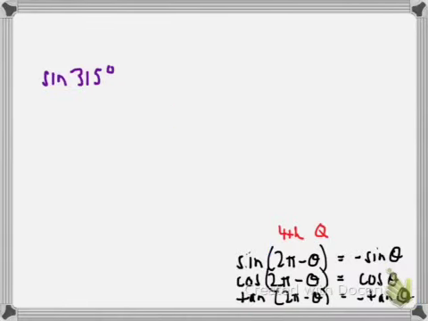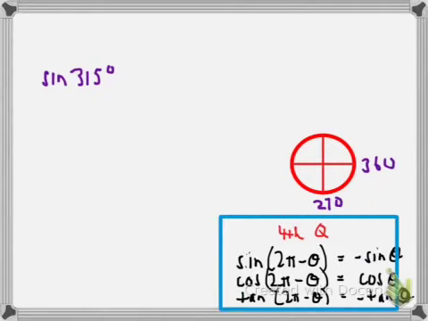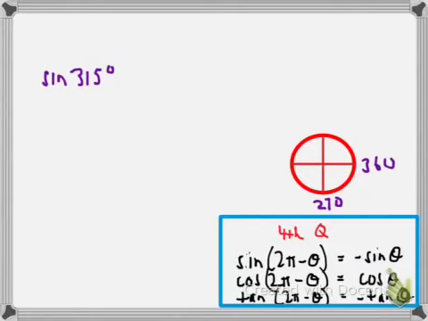Next question, sine 315. This time we're actually in the fourth quadrant, because remember it's 270 there, 360 there, and 315 falls in that fourth quadrant. I've isolated our fourth quadrant rules, and the sine rule for the fourth quadrant is this one here. Sine 360 minus an angle equals negative sine of that angle.